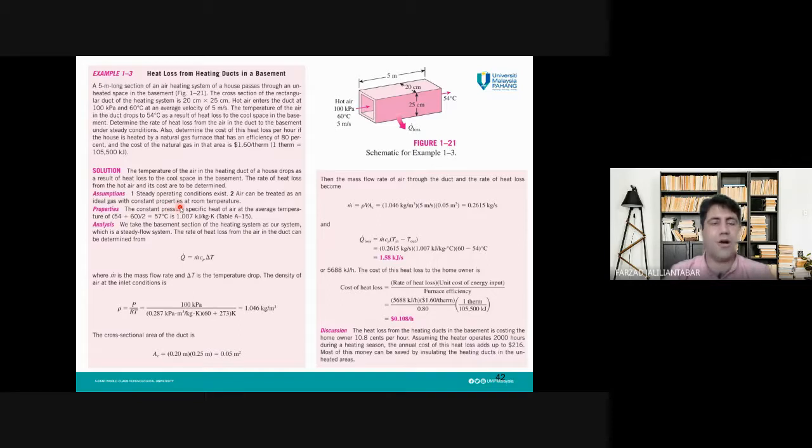This is our assumption; why we need this assumption, we will see later. To use this equation, we need Cp, the specific heat at constant pressure for air.